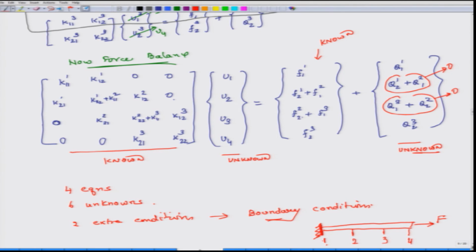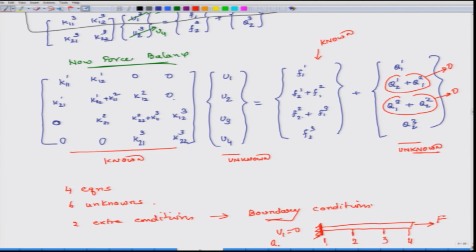At node 1, U1 is 0, right. The first condition is that at node 1 U1 is 0, and the second condition is that at node 4 we do not know U4, but we know the force.